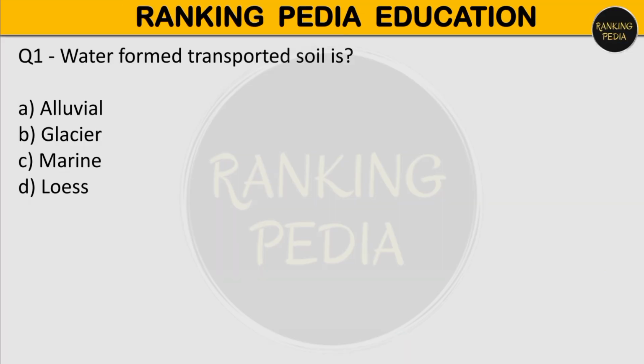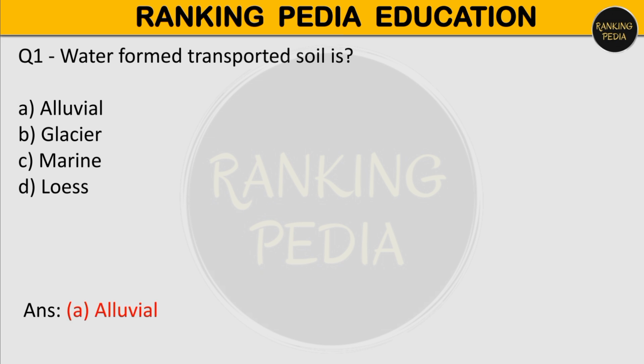Our first question is, water formed transported soil is, your options are alluvial, glacier, marine or loess. So which one is the water formed transported soil? That is alluvial soil. Option A is correct.